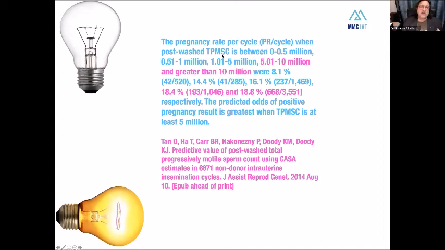You have to understand that the highest results of IUI are about 25%. And it's only when the total post-washed motile sperm count is 5 to 10 million or greater than 10 million that you are going to achieve pregnancy rates which are acceptable with IUI.